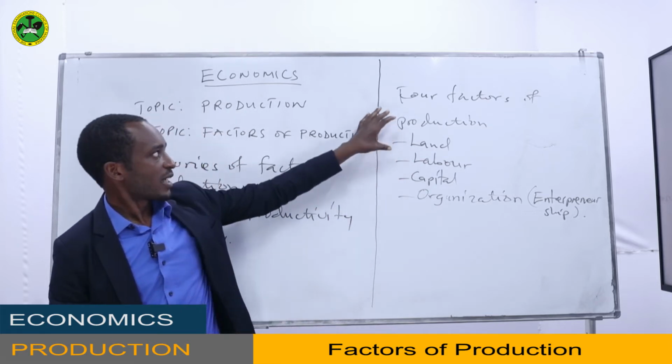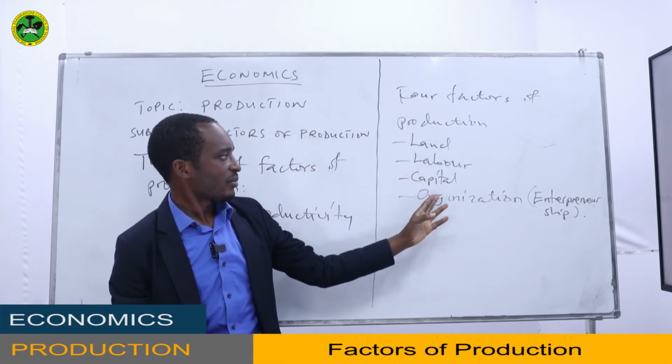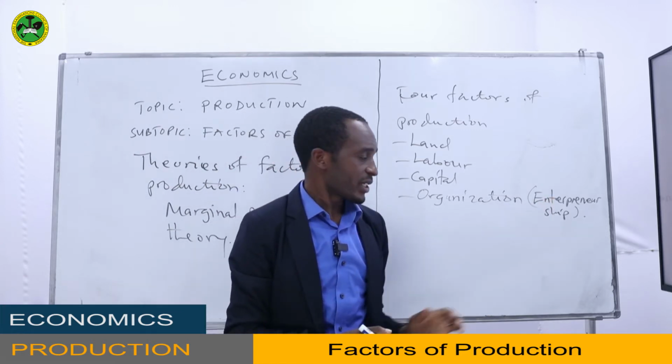So basically we have four factors of production, which are land, labor, capital, and the organization or entrepreneurship.